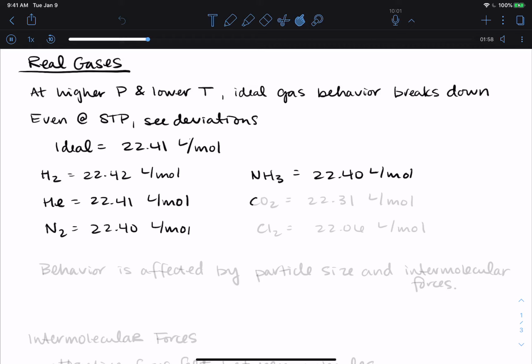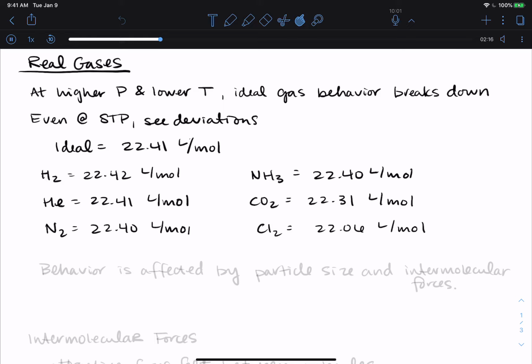Carbon dioxide is 22.31, so slightly bigger deviation there. And then something like Cl2 is 22.06 liters per mole.